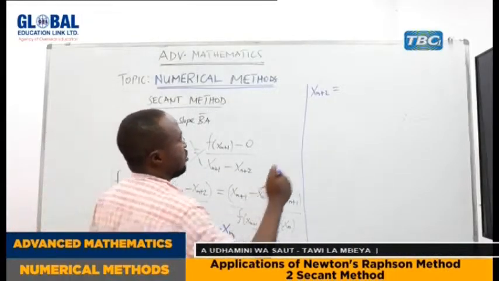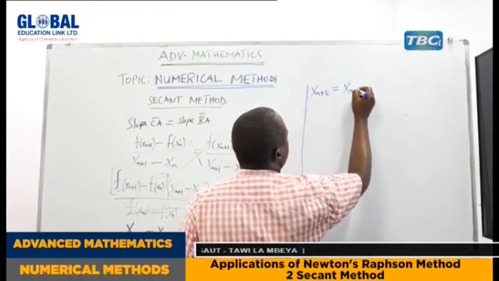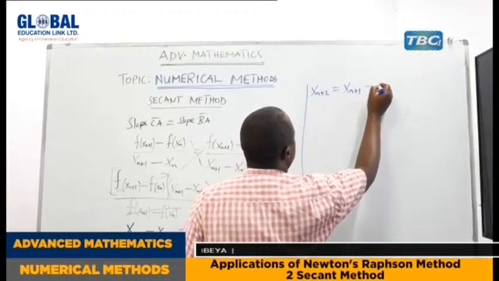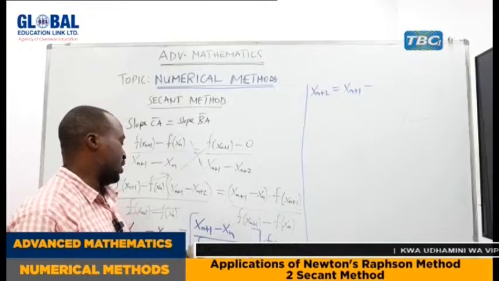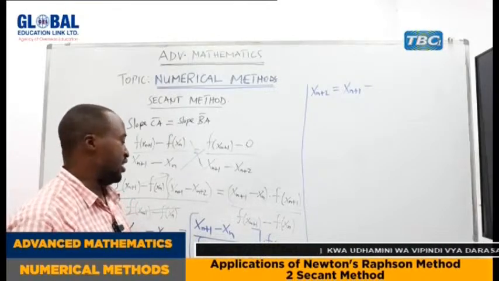So xn plus 1, we subtract the expression which is in our right hand side.